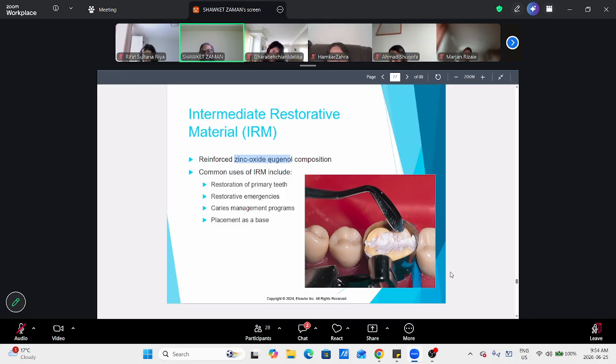It contains eugenol, whose chemical ingredient is clove oil. Clove oil gives a soothing effect on the pulpal tissue very promptly. It sedates the pulp so that the patient's pain can drop immediately. That's why this type of material can be used for restorative emergencies.